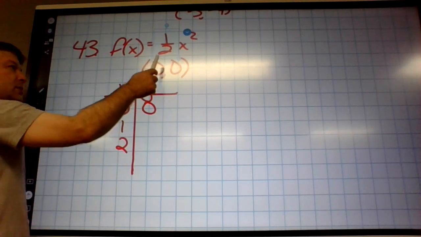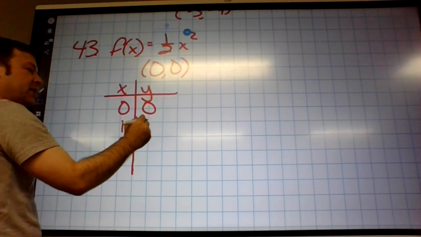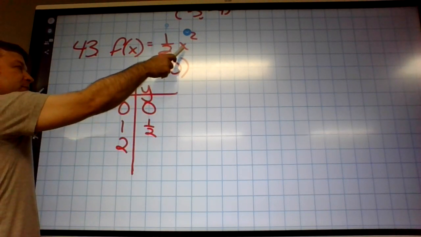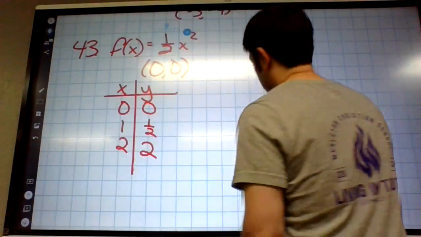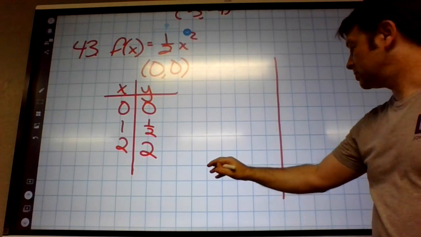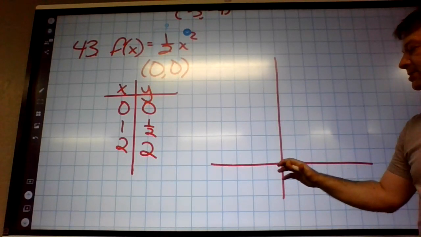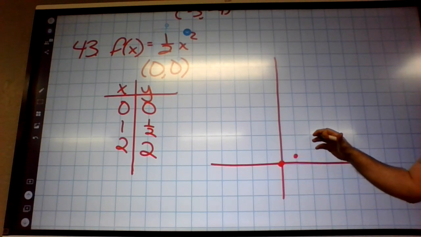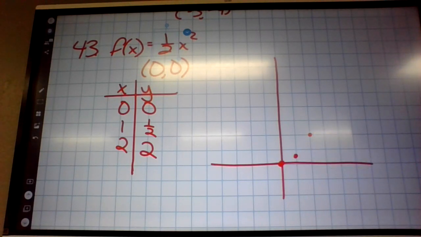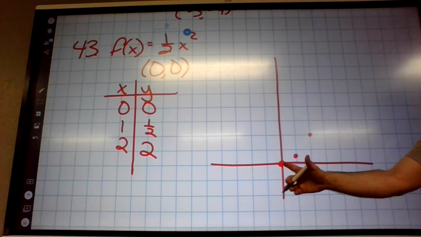So if I plug in 1, 1 squared is 1 times 1/2 is 1/2. If I plug in 2, 2 squared is 4 times 1/2 is 2. So we got 0, 0, 1, 1/2, 2, 2. Alright, this is the vertex, this is the middle.